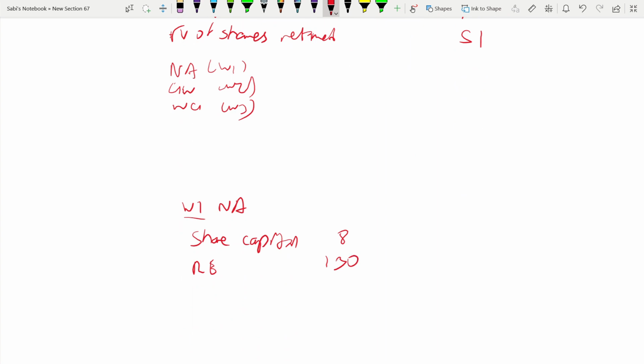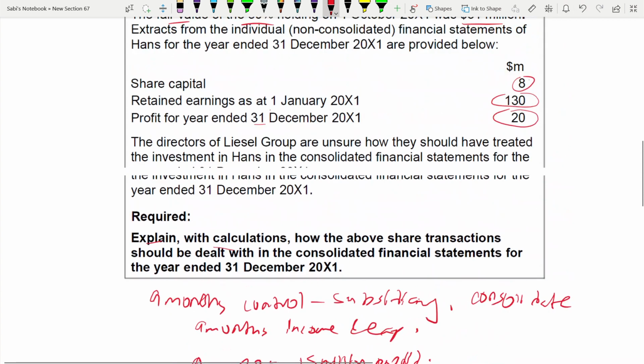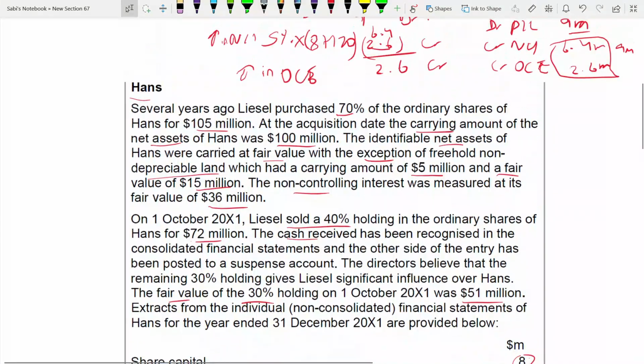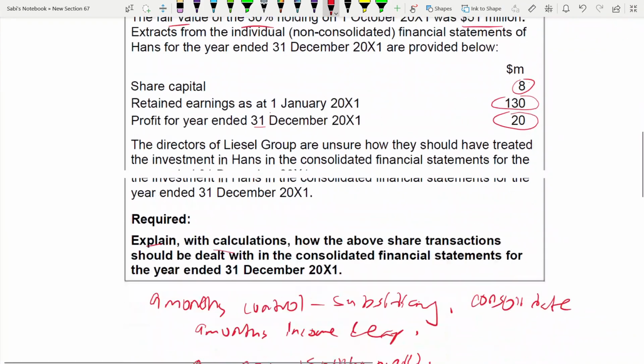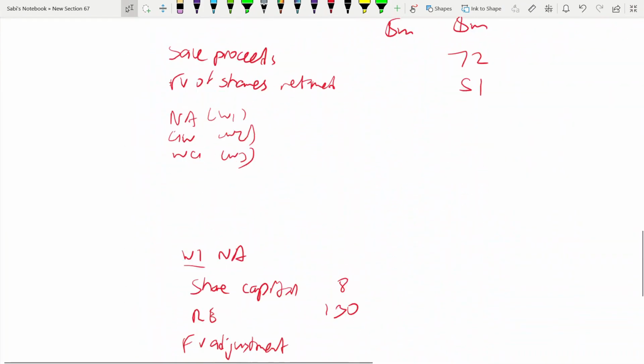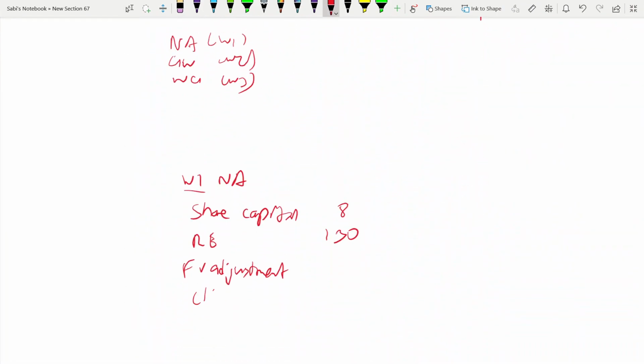What else? Fair value adjustment. In your net asset, you have to take your fair value adjustment also. What is that fair value adjustment? The land. I think they have given some non-depreciable land. Carrying amount was 5, fair value is 15. So the difference, you have to increase it. It has been revalued from 5 to 15. So the difference, which is 10.